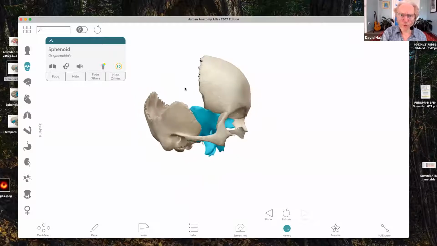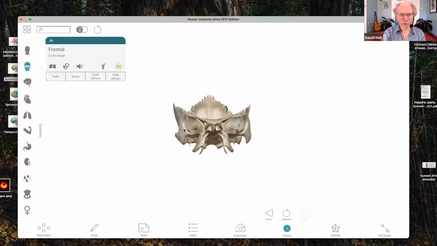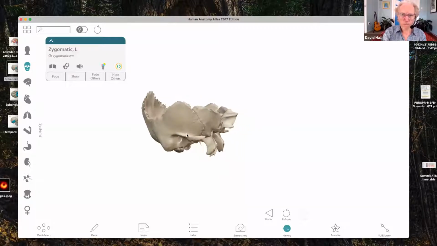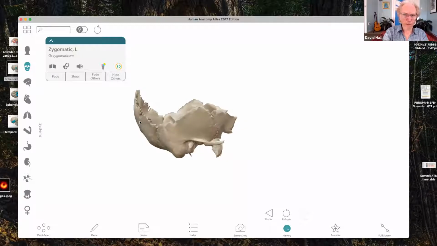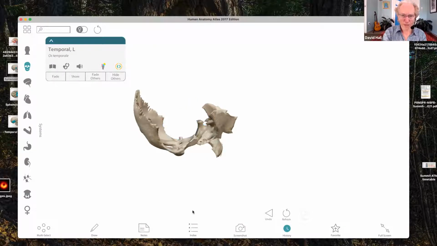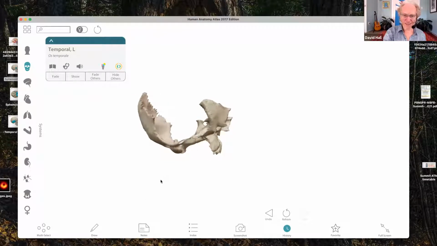Now, if we remove the frontal bone, and maybe if we remove the zygomatic bones too, and maybe the temporal bones, we can see the base, the sphenoid bone, how it sits with the back of the skull.